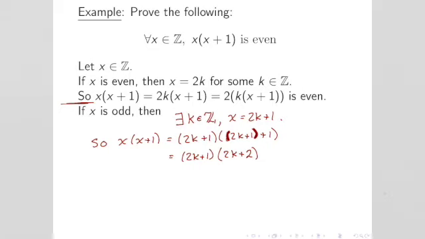So I don't need to multiply these together. Instead, I'm going to notice that I can factor out a 2 from this second term. So that's what we'll do. This is 2k plus 1 times 2 times k plus 1, which I can tell is even because of the factor 2.